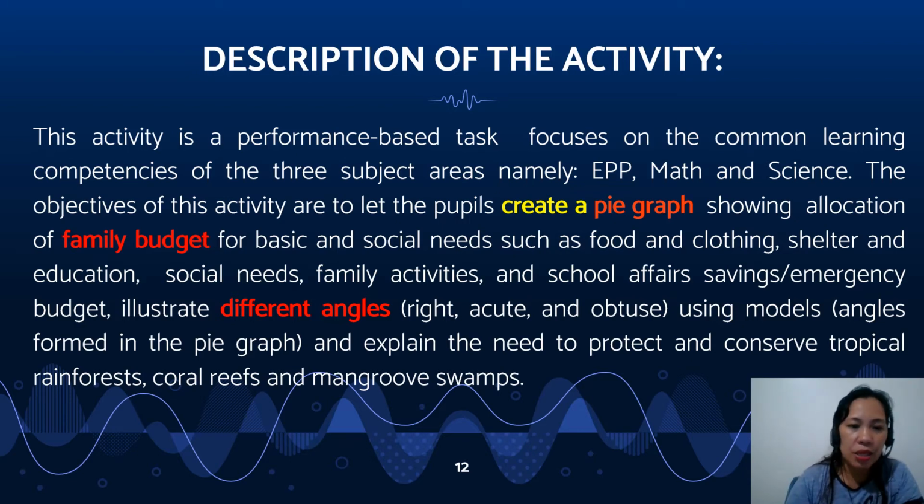Second, illustrate different angles such as right, acute, and obtuse angles using models. These angles form in the pie graph. And lastly, explain the need to protect and conserve tropical rainforest, coral reefs, and mangrove swamps.